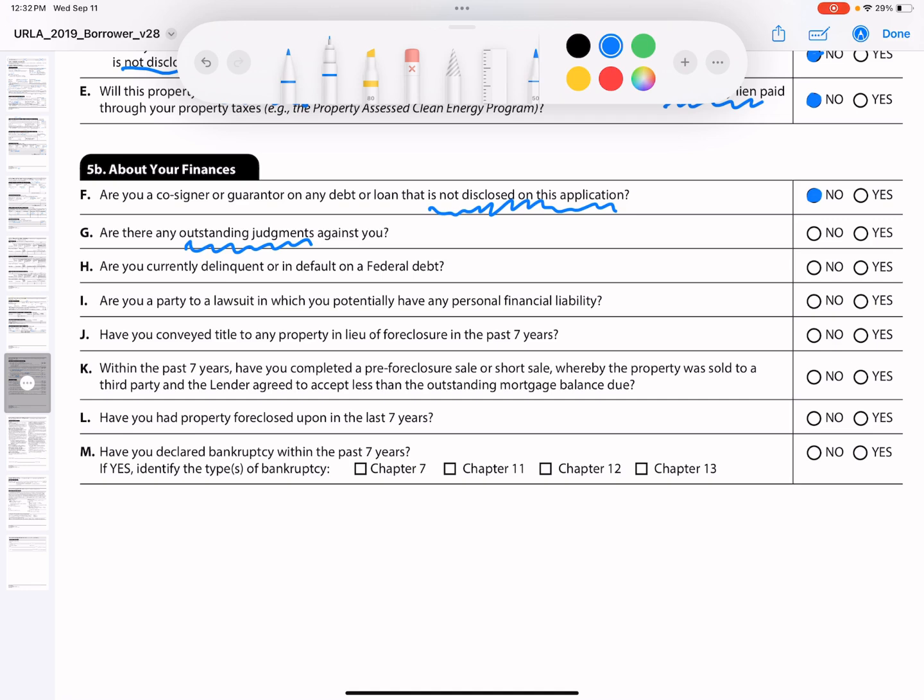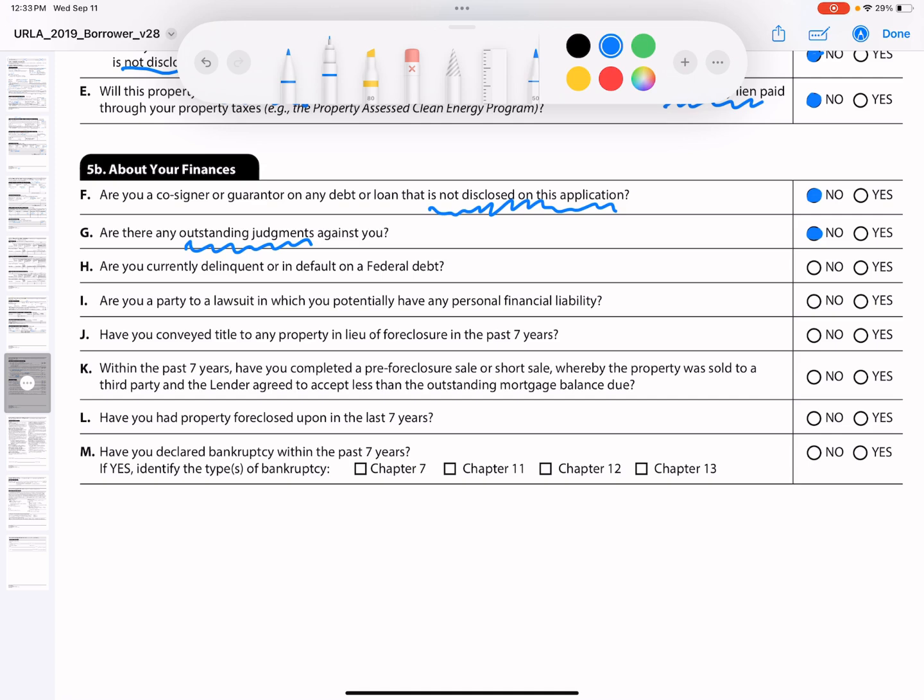So there are 3 places that lenders find judgments against you, if not more. At a minimum, number 1, judgments appear on your credit. Number 2, they subscribe to a judgment service where they look for judgments. And number 3, the title company runs a judgment search against you. So there are 3 definite places that they go look for judgments. So the best thing you can do is disclose them.